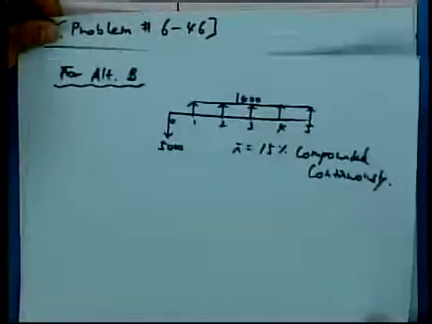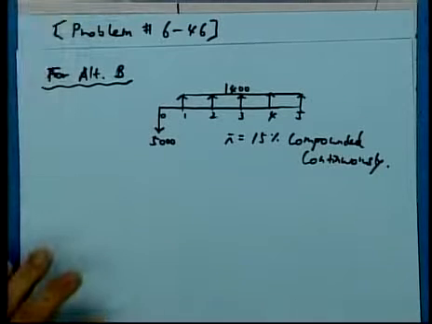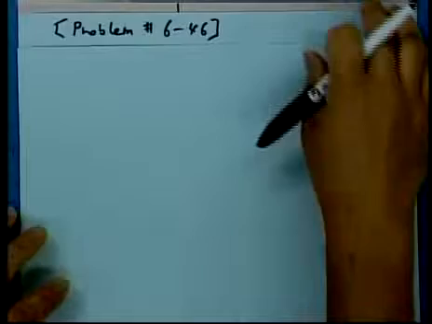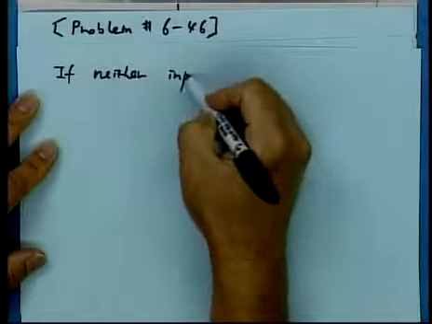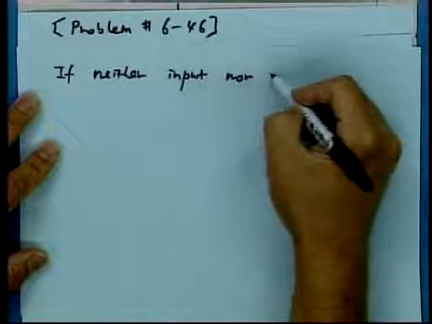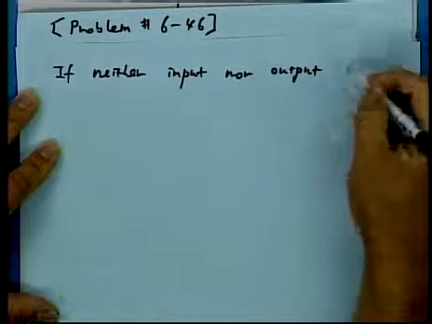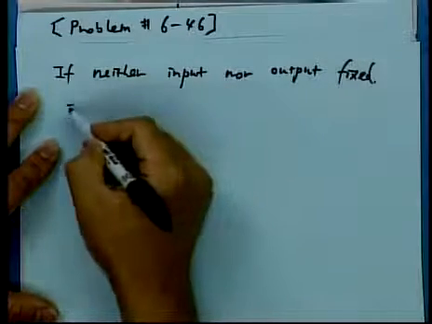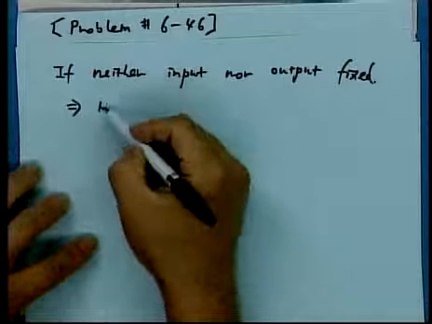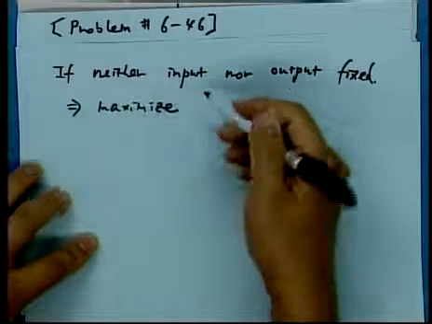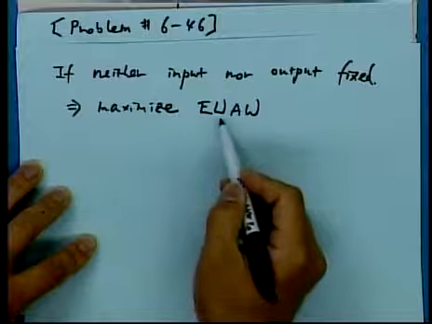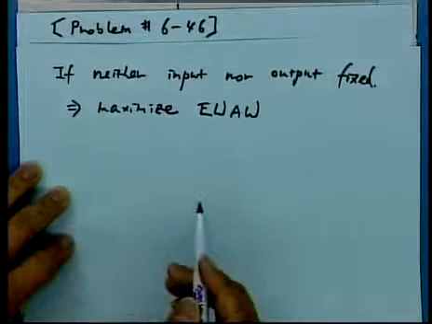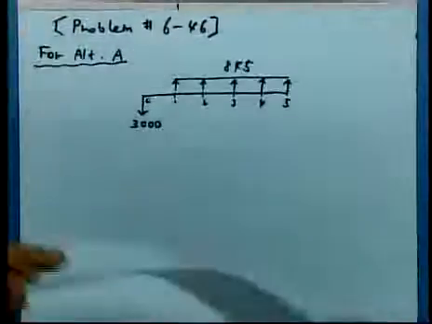And earlier we've learned that with neither input nor output fixed, we have to maximize EUAW, that is equivalent uniform annual worth, which is this case, problem 6-46.